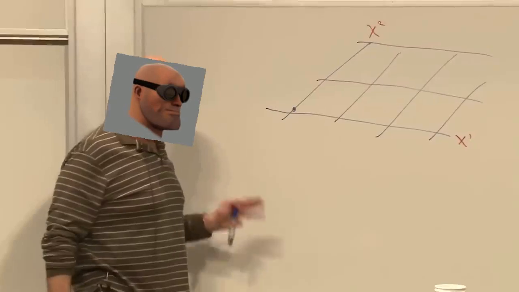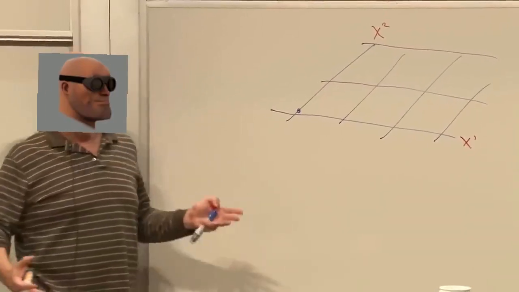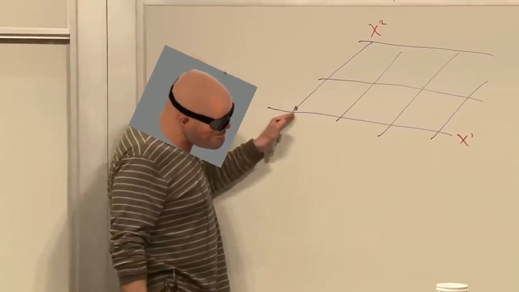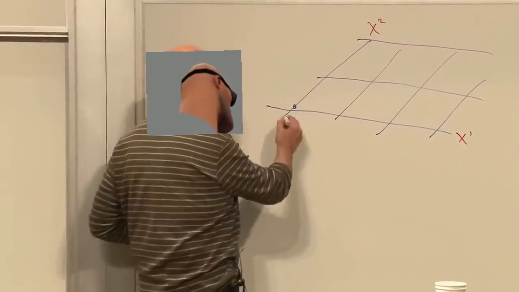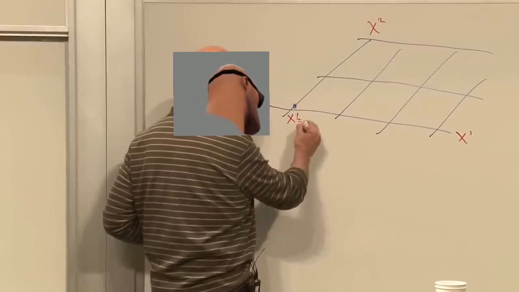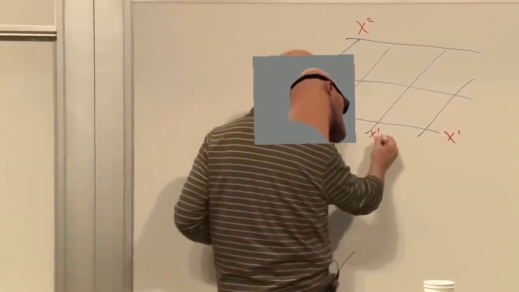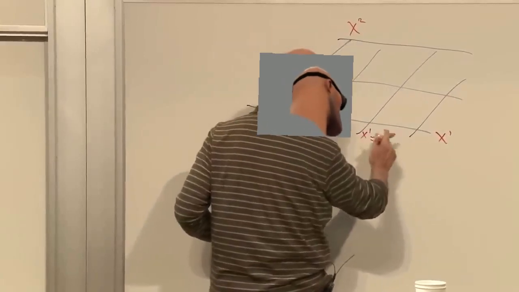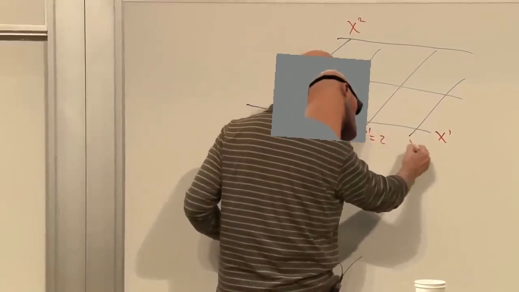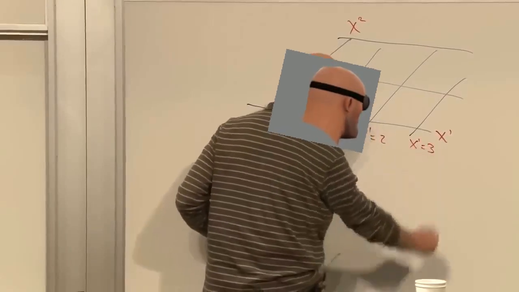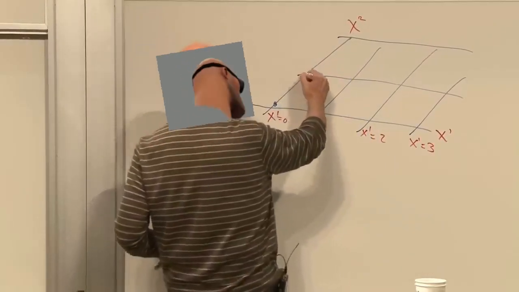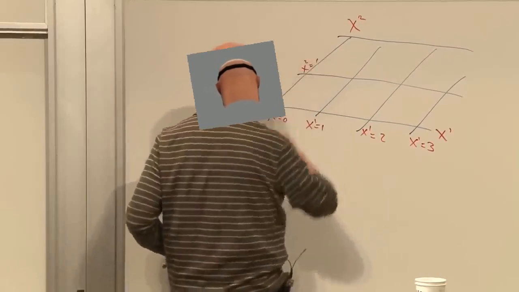And the actual physical distance, let's say measured in meters, here's x1 equals 0, here's x1 equals 1, here's x1 equals 2, here's x1 equals 3, and so forth. Here's x2 equals 1.